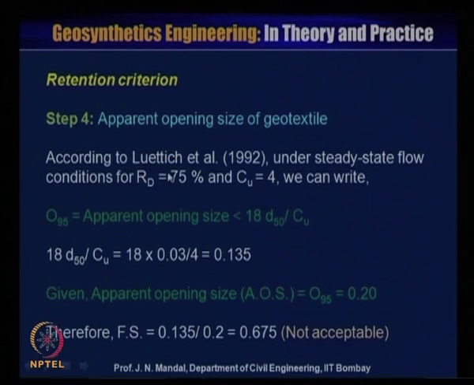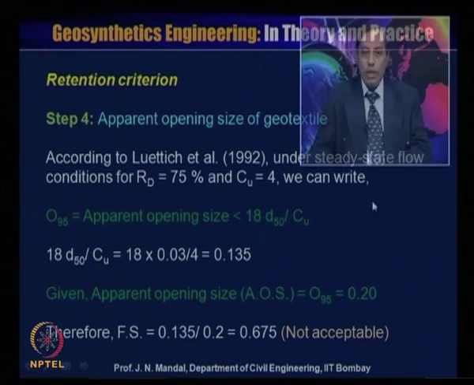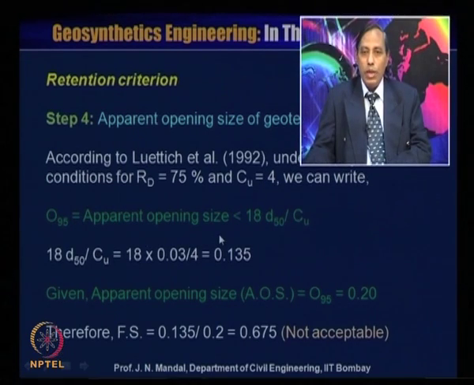According to the Luettich 1992 table, under the steady state flow condition, which I already described in my previous lecture, for the relative density 75% and Cu equal to 4, we can write this equation: O95 should be less than 18 into D50 by Cu.